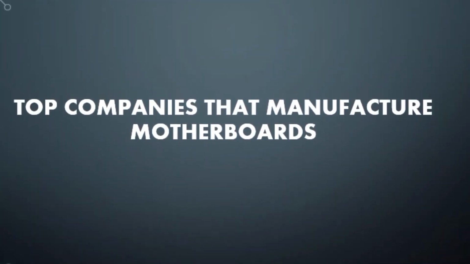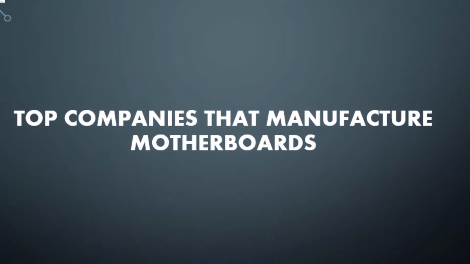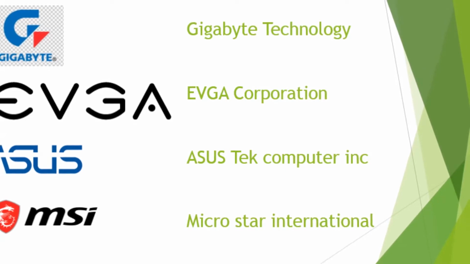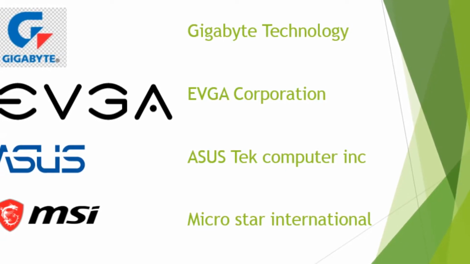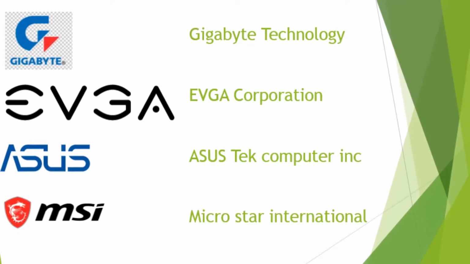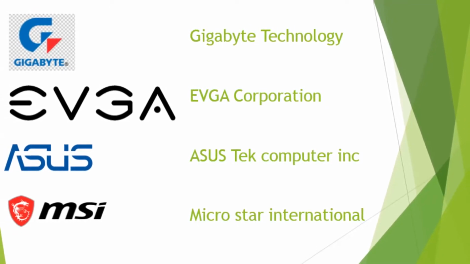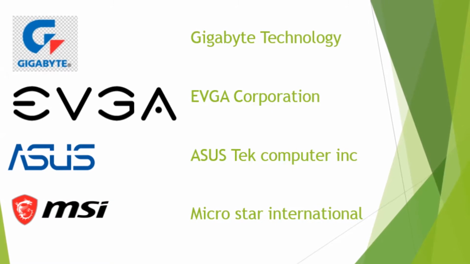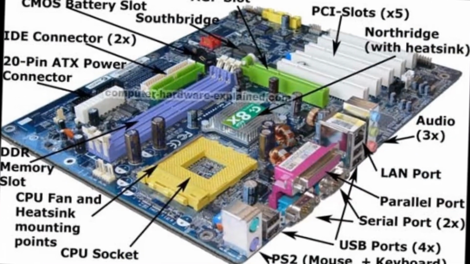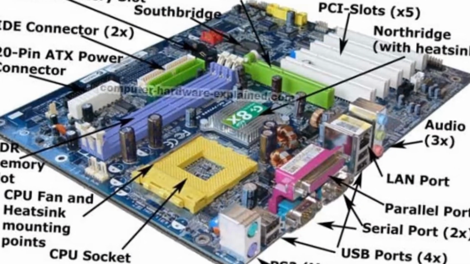Here are some top companies that manufacture motherboards: Gigabyte Technologies, EVGA Corporation, Asus Tech, Microstar International, and so on. Now that we have understood what a motherboard is, we shall look into the components present on the motherboard.